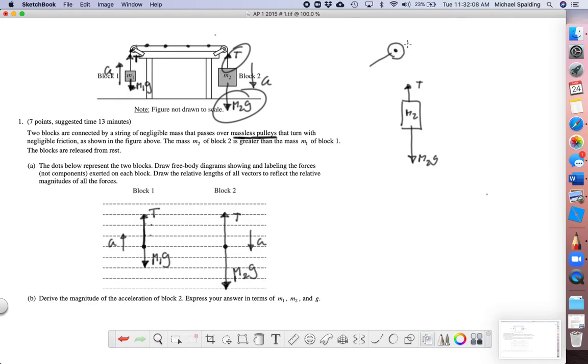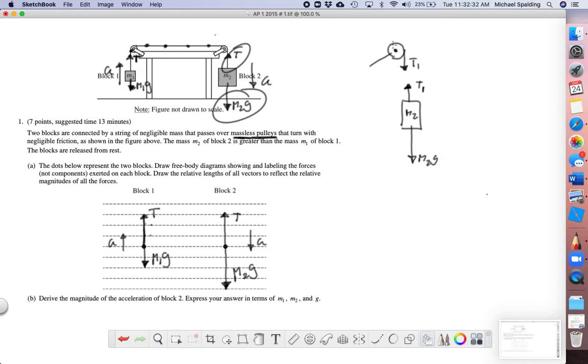If this had been a torque problem and this pulley had not been massless, in order to get this pulley to accelerate, we would have a tension on this side. So now we would have to specify the tensions. We'd call this T1, and therefore on M2 this would also be T1, because it's the same piece of rope there.